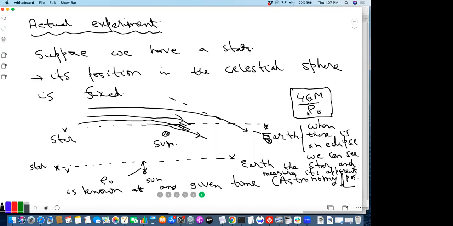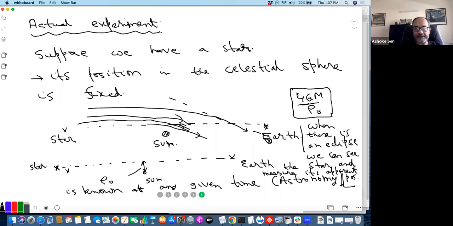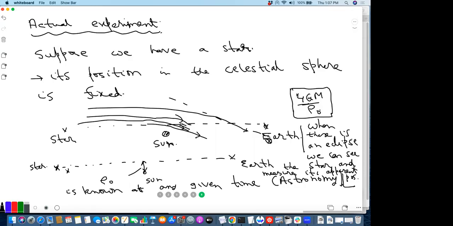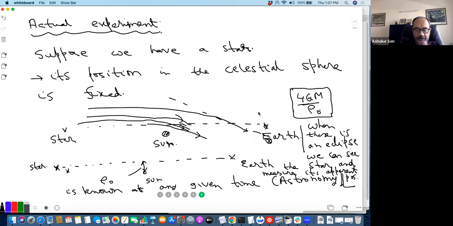Then you have to do the full calculation. You can't make this approximation anymore. But what you can say is that the smaller rho 0 is, the larger this number is, but it is trustable only when the number remains small.